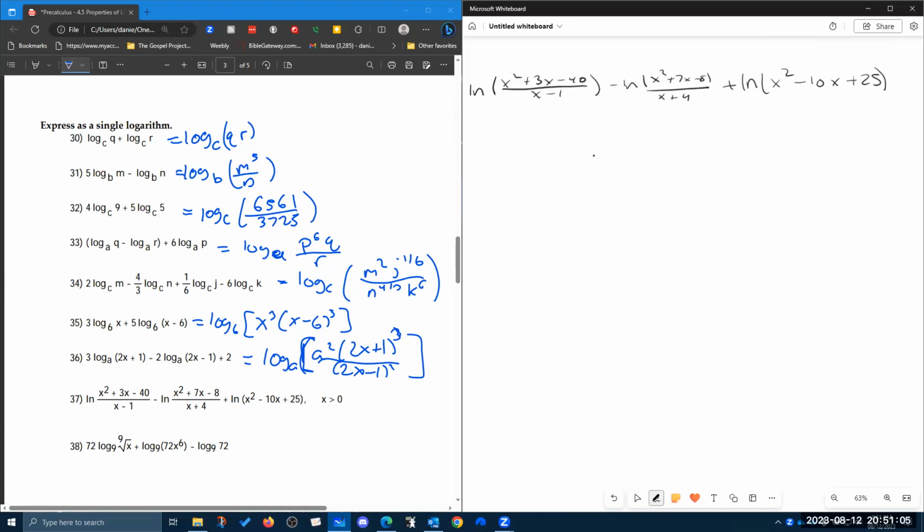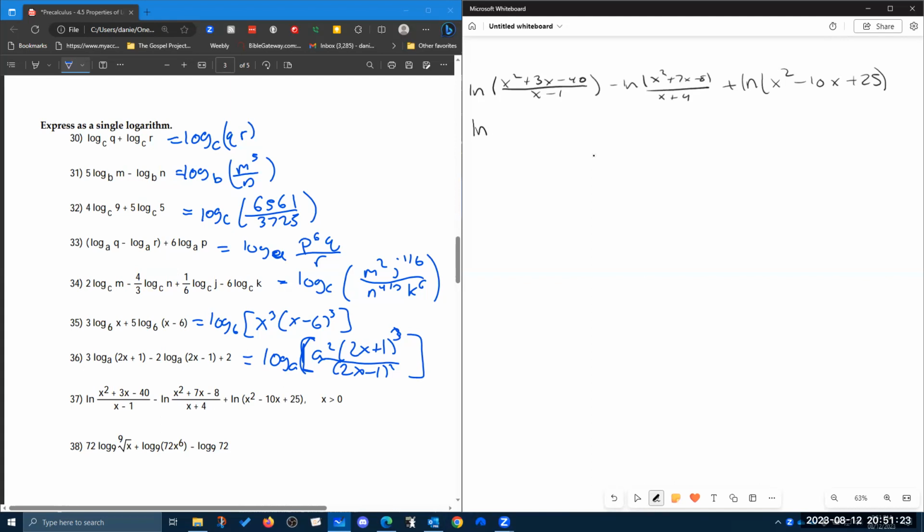So I'm going to try and factor things and maybe do some expanding and see if there's some cancellation, some addition and subtraction of logs where things zero out before I try to get too far into condensing this.